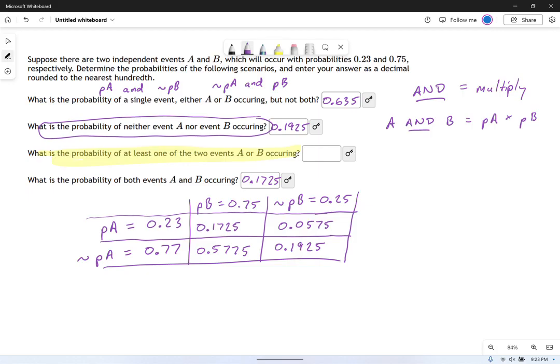Well, that's like the exact opposite of this one. I just want at least one of them occurring. It could be both of them. It could be just A. It could be just B. So one way to do this is to add up this box and this box and this box. Basically add up every box except the case where neither event occurs.